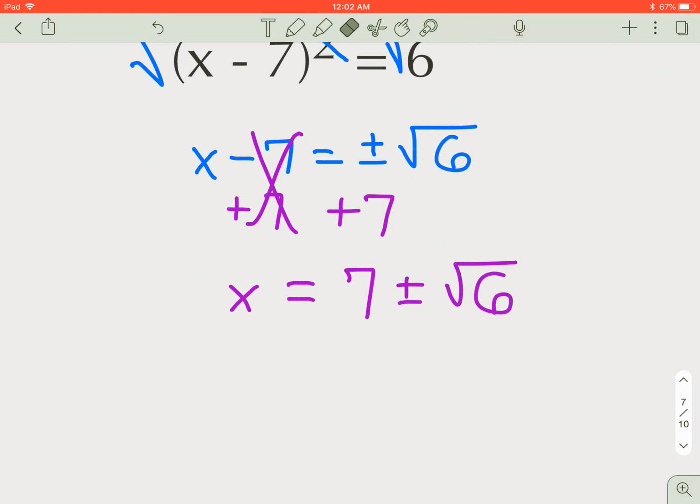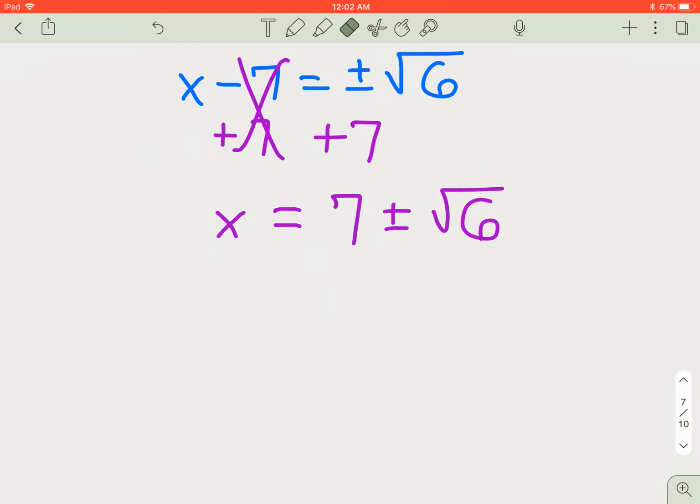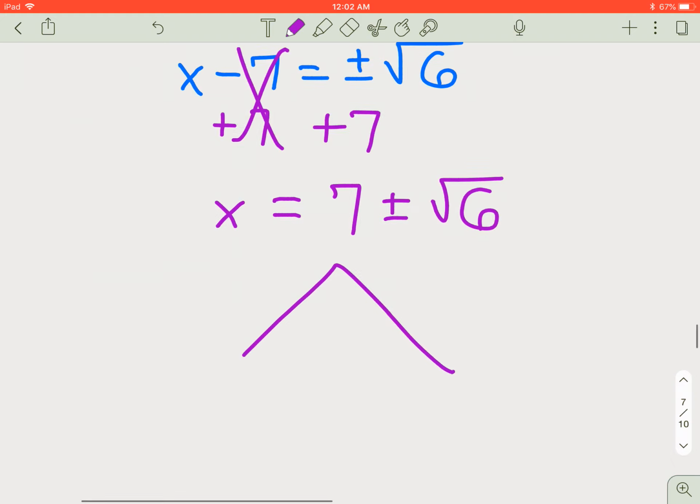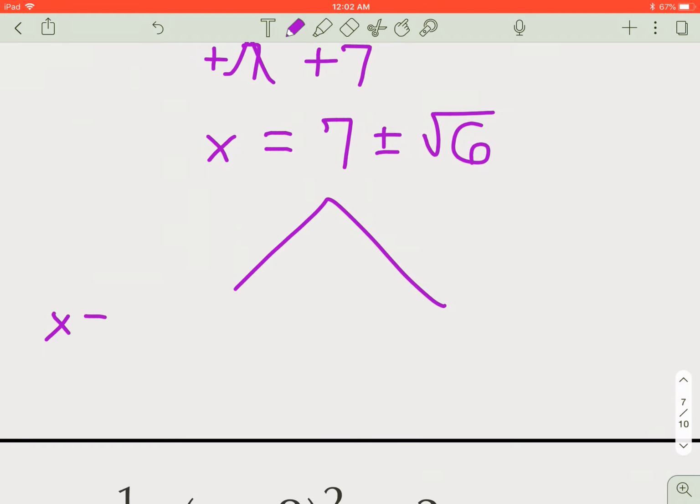And in order to get our two answers, we'll have to actually solve two different problems. We'll have to solve, well, what happens when x equals 7 plus the square root of 6, and what happens when x equals 7 minus the square root of 6.